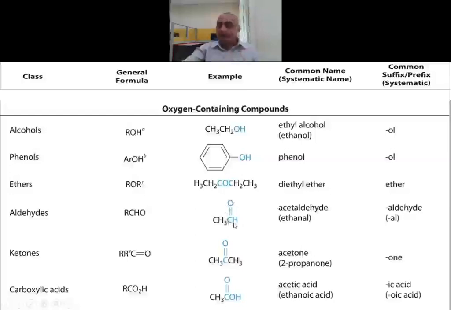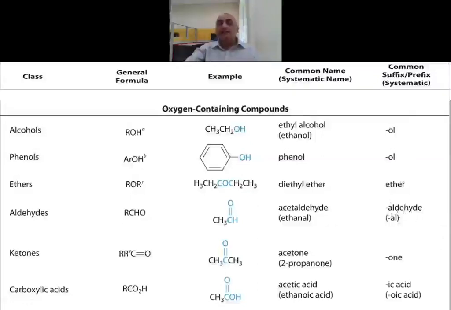And if we want to name this compound, very simple. Here we have two carbon atoms. Two carbon atoms means ethane. And if we replace the E of the ethane with Al, then it is called aldehyde.